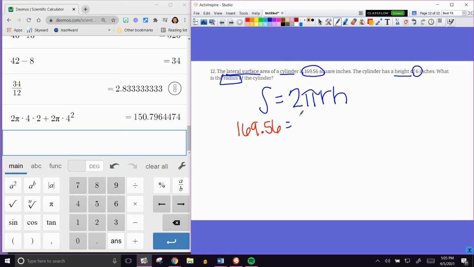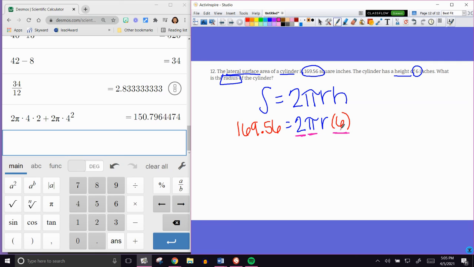Equals 2 is a number, pi is a number. I am looking for my radius, so I'm going to leave the R there. And it tells me my height. It says I have a height of 6 inches. Now, I just said 2 is a number, pi is a number, and 6 is a number.